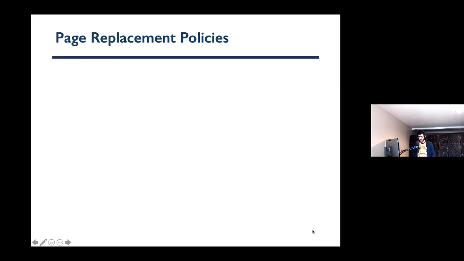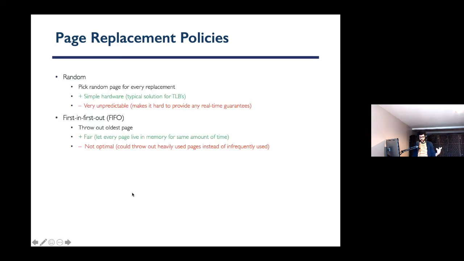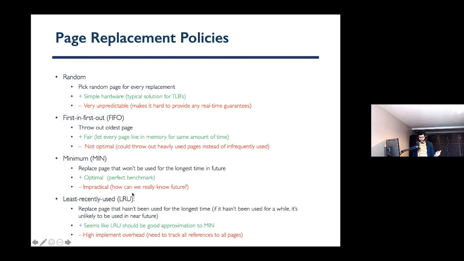We touched upon this topic when we were talking about generally any cache, you need to have a replacement policy. I postponed this to here. So here are the policies that we talked about: random, first come, first serve, minimum, and least recently used.